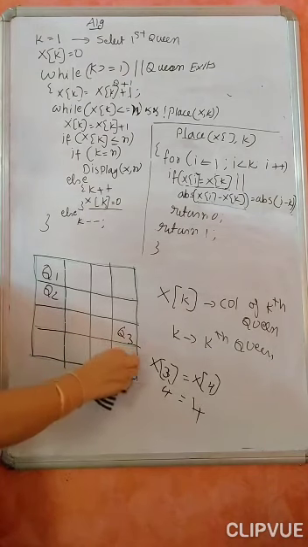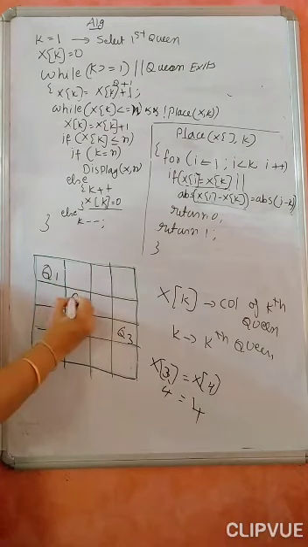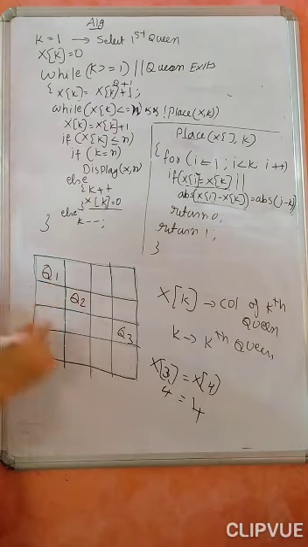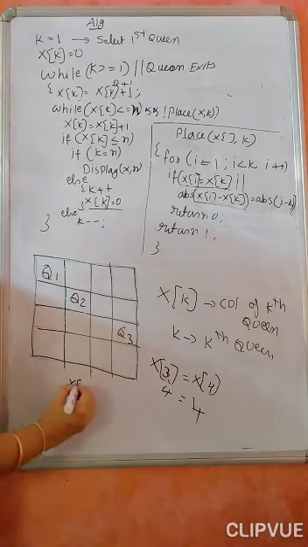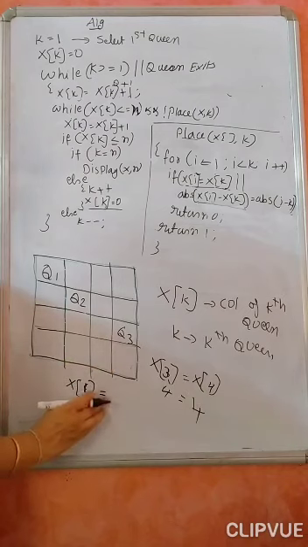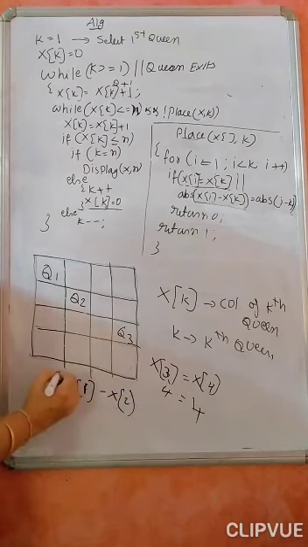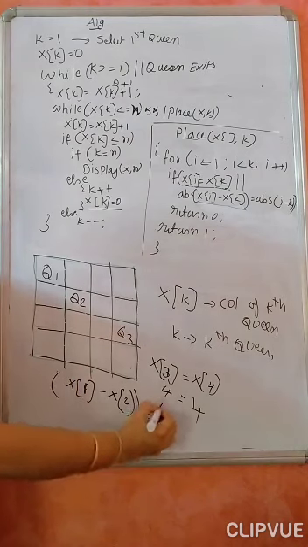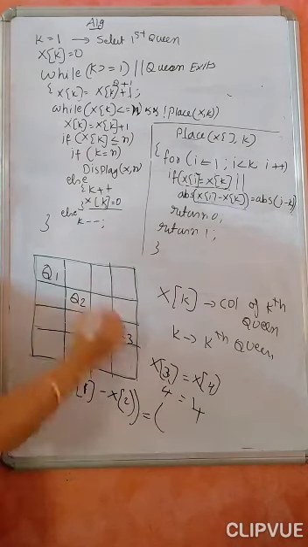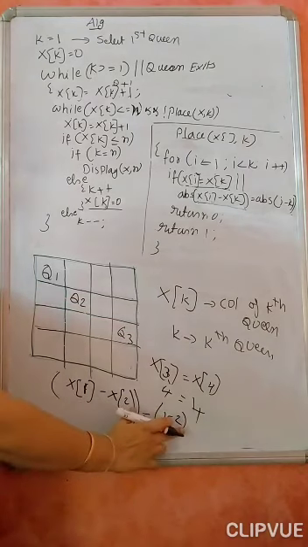Now I will check for the diagonal attack. How can the diagonal attack occur? Assume that I am placing q1 here and q2 here. Take x of the first queen, the column where I have placed it, minus x of the second queen, where I am placing the second queen. That is 1 minus 2, for the first queen and the second queen.